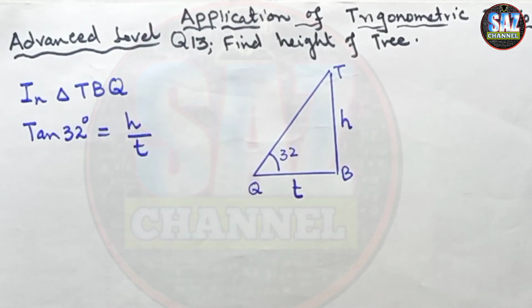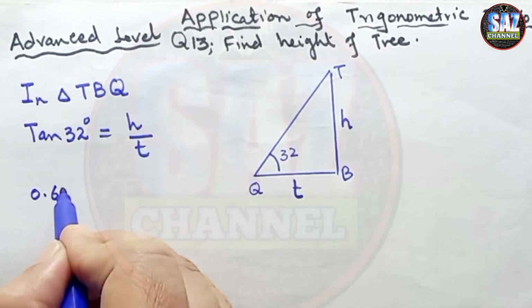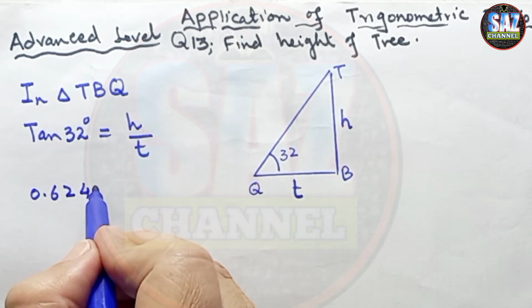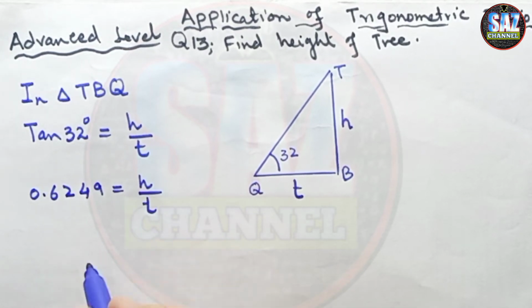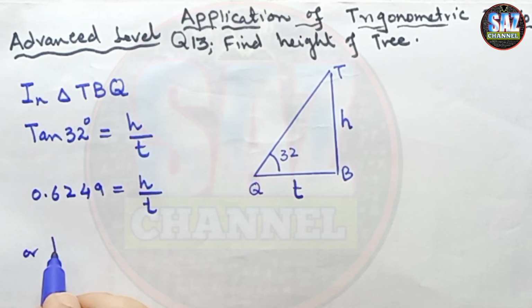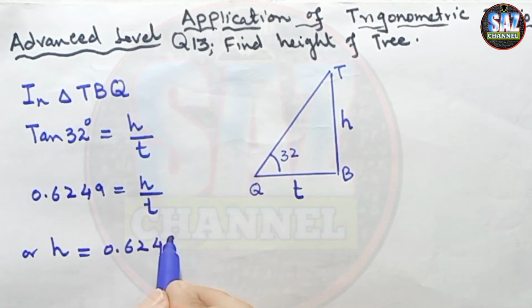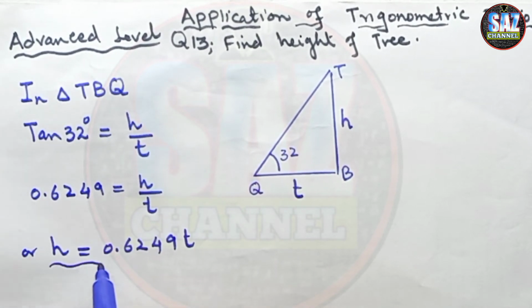Now tan 32 will give me 0.62486, which can be taken as 0.6249, equals h upon t, or h can be taken as h equals 0.6249t, and let me block this answer.